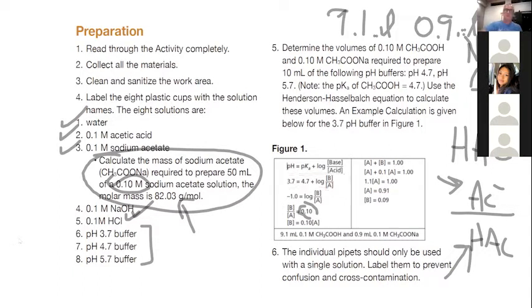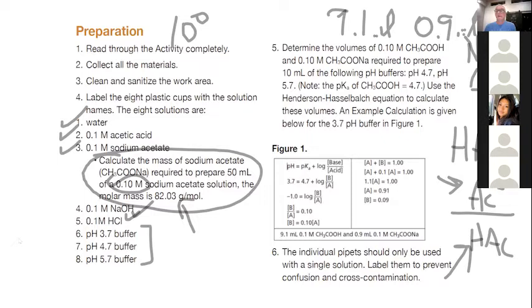Now, if this is 4.7, that means the log of acetate over acetic acid will be 0. What's 10 to the 0? Anyone know what 10 to the 0 is? 1. 1, exactly.